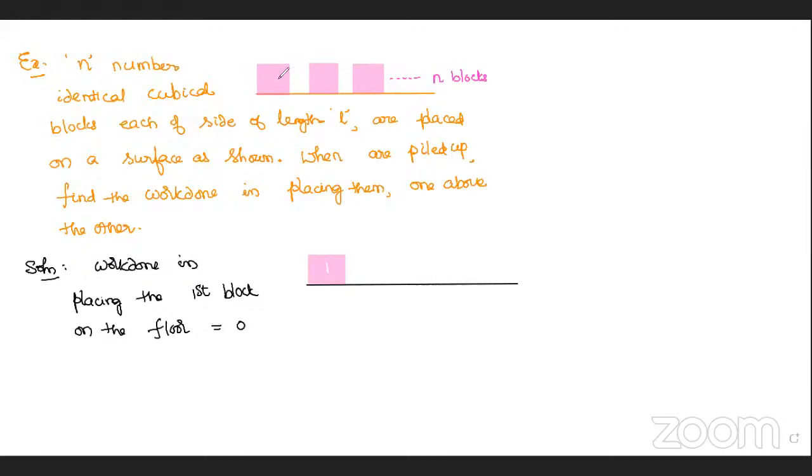Means out of n blocks, on the first block you are not doing any work, so you are doing the work on how many blocks? Which is correct, n or n-1? N-1. Very good. So you are doing the work on the remaining n-1 blocks.